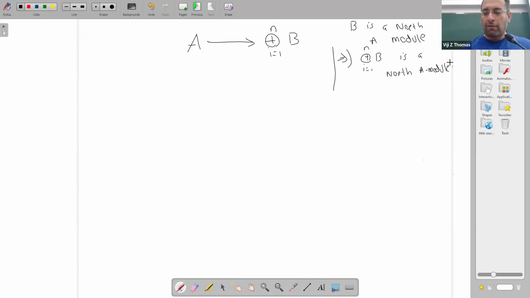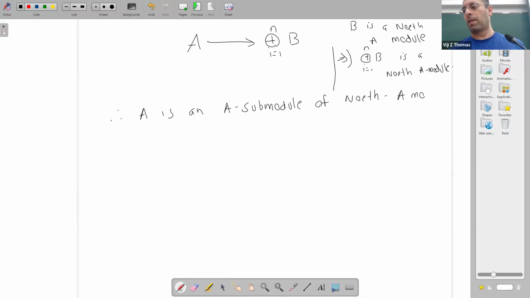Therefore, A is an A-submodule of a Noetherian A-module. This was injective.